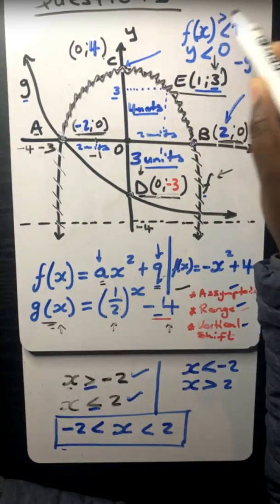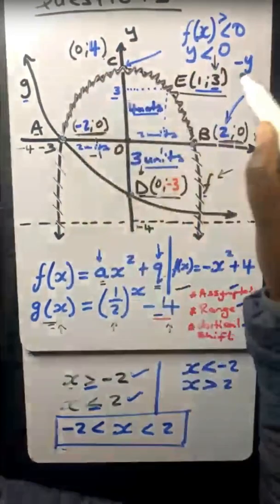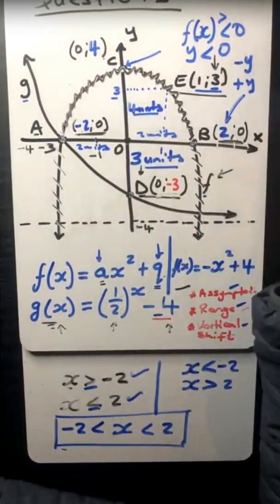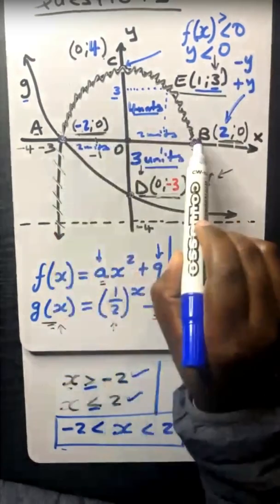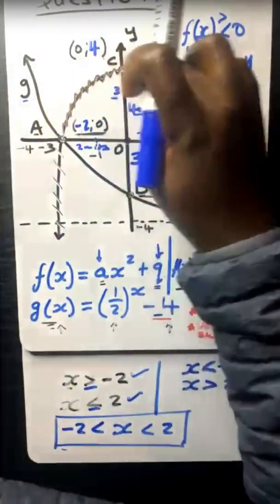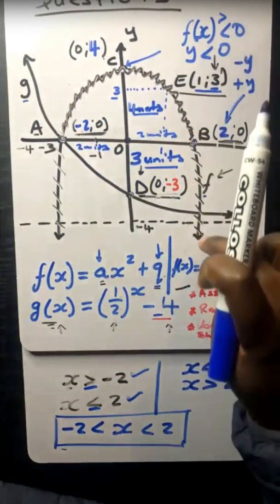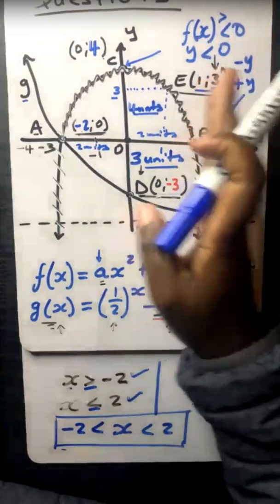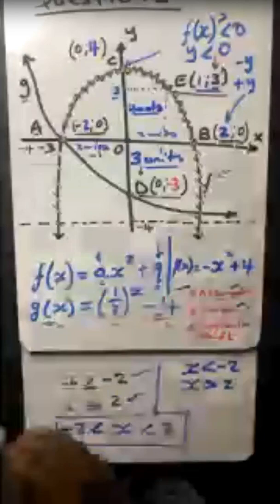If it was greater than, it's more like they're saying, along this graph, where are we having positive y values? We are having positive y values between these 2 points, because in between, that's where the graph is above. But from that point going downwards, you can see it's going downwards away from that point.